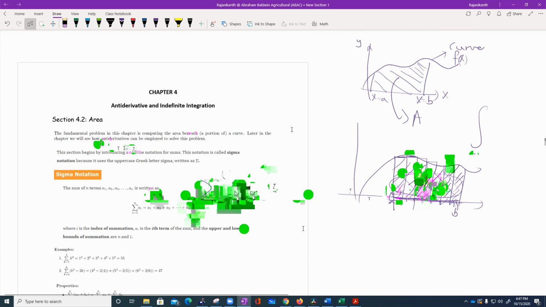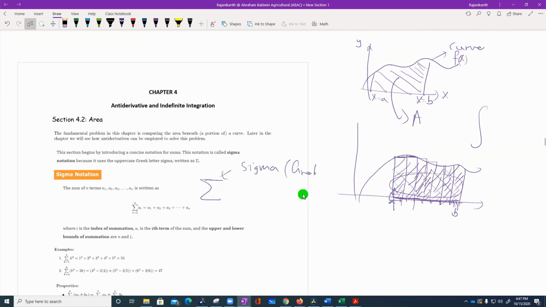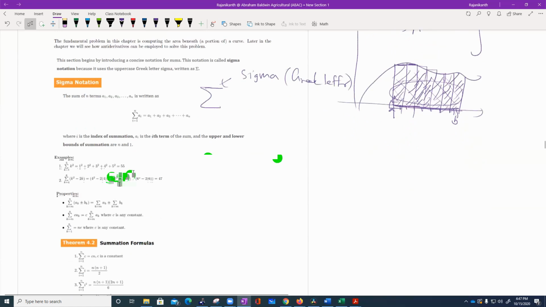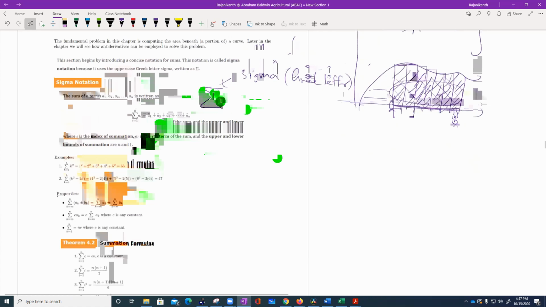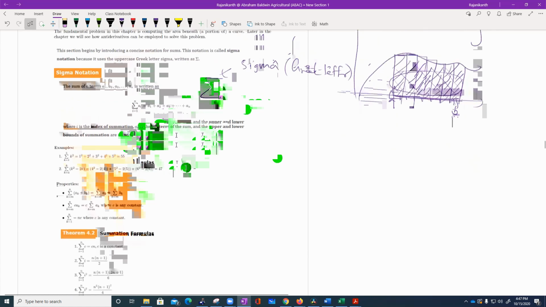We call this sigma. This is uppercase sigma, a Greek letter, right? So we use this notation to find the sum of these numbers, and we call it summation notation. Okay, so that is called summation.